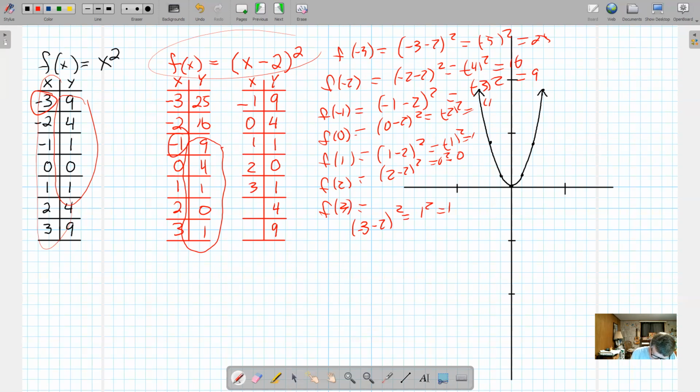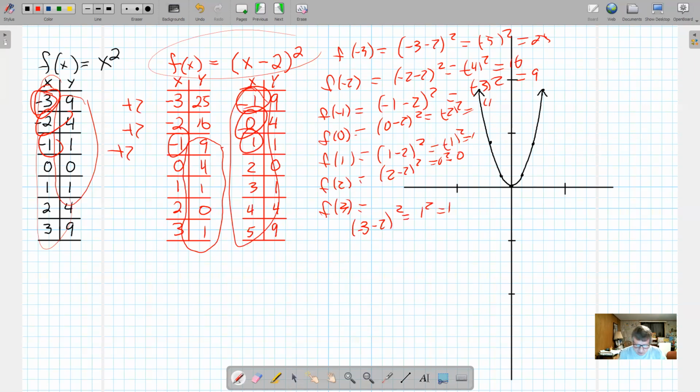Well, it just seems like this would be a 4 and a 5. So what's happened here? To get the same y values as before, the x values are 2 greater. This plus 2 equals that. This plus 2 equals that. This plus 2 equals that.